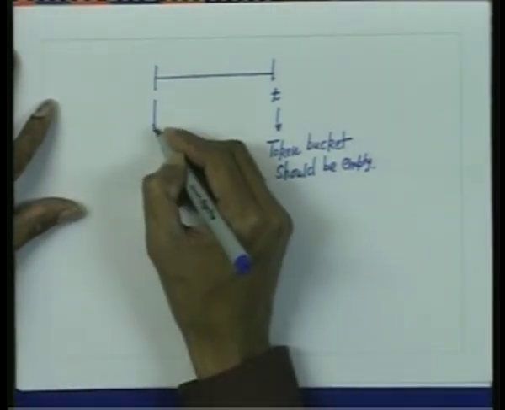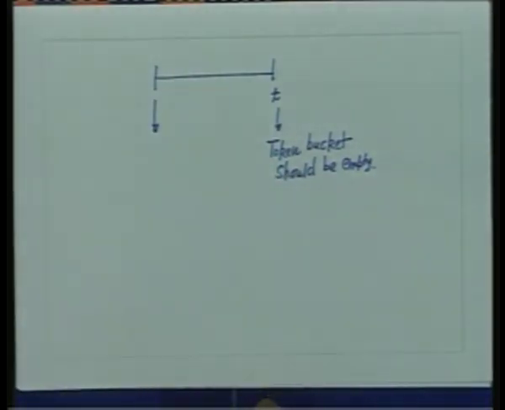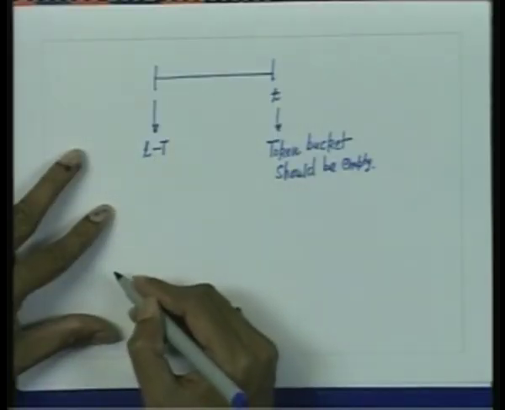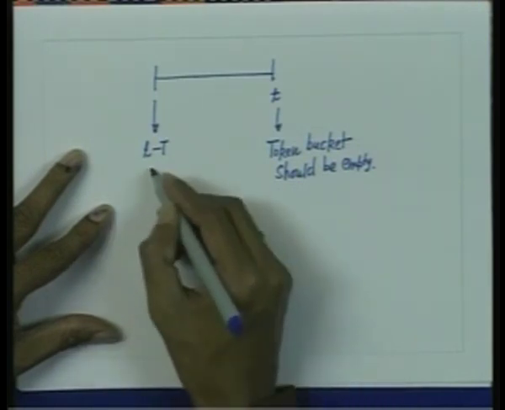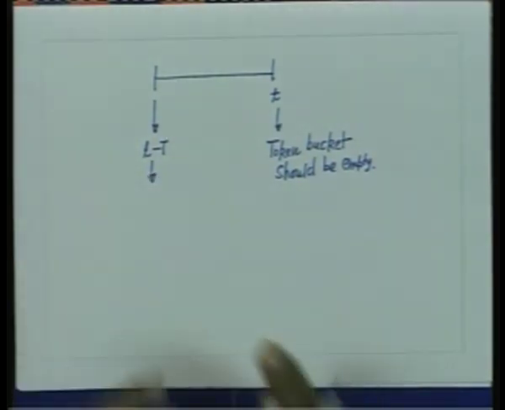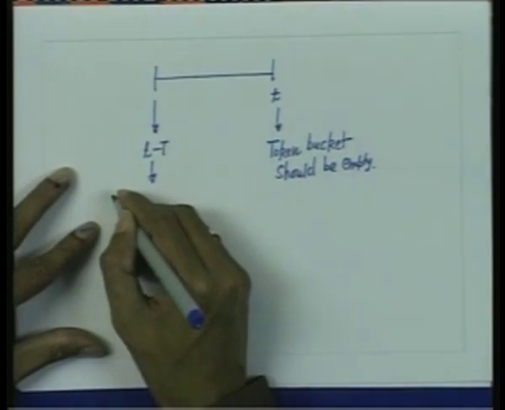Now let us assume that the last time when the token bucket was full is t minus capital T.